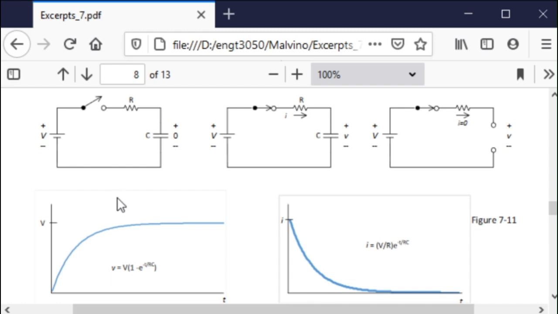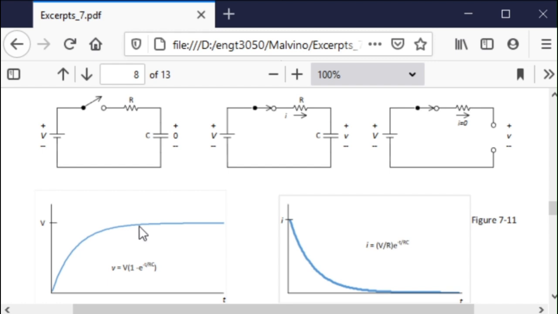At the instant that we close the switch, voltage doesn't immediately go into the capacitor, but it gradually goes up like this, and current goes down like this. So when we close a circuit, we can use this equation: V, which is this voltage right here, times 1 minus e to the minus t over RC.